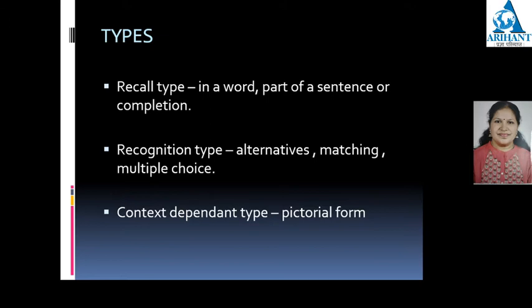One picture can be shown, and based on that picture you will have objective type questions, whose answer will be a word, a sentence, or, what we can say, a number. So these are the different types of objective type test items.